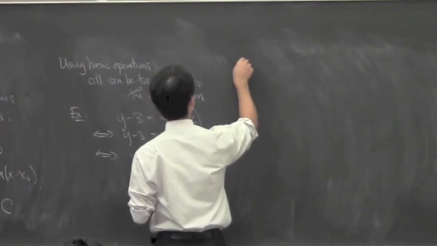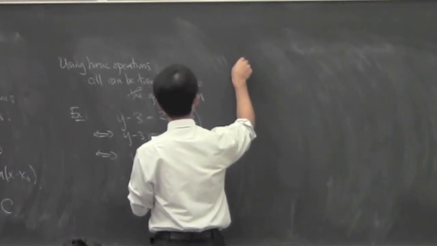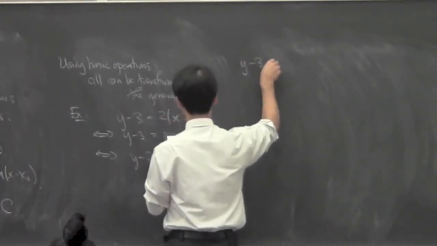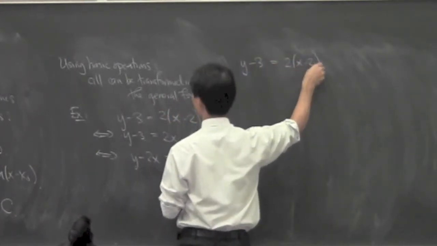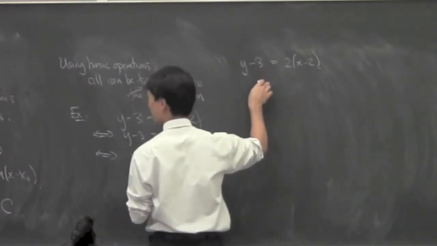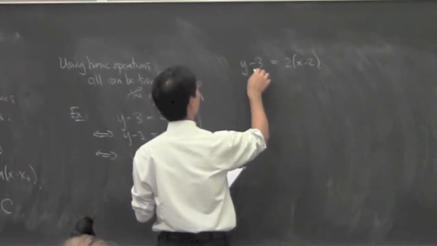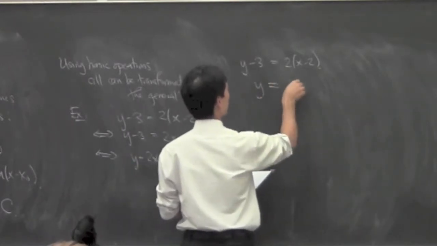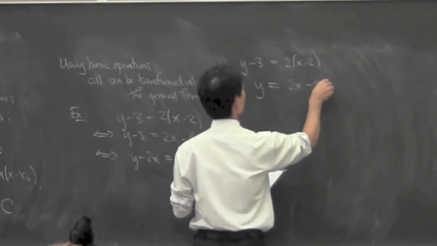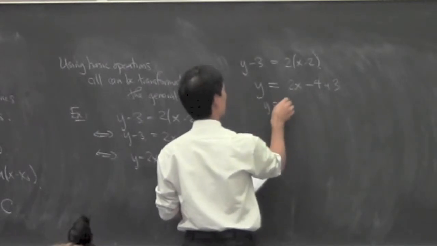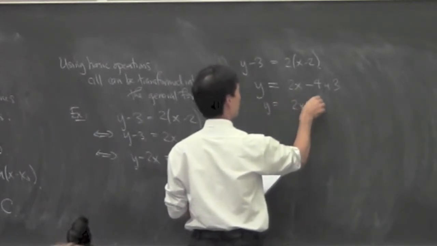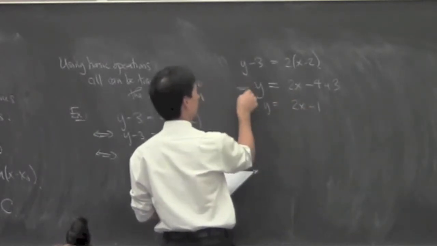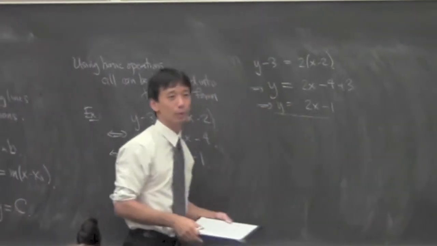Just to give a concrete example, y minus 3 equals 2x minus 2, the same one, and we'll change it into slope-intercept form. All we want is the y on the left-hand side, so we get 2x minus 4 plus 3, so y is equal to 2x minus 1. And this is the slope-intercept form.